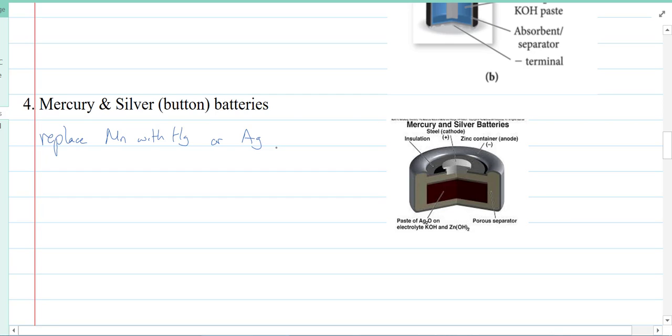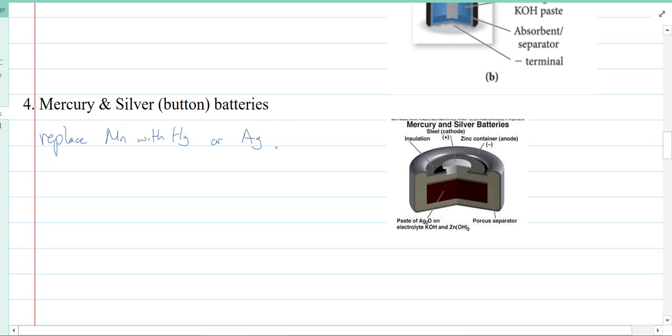Ag. Okay. And so for mercury, think of watch batteries, right? The mercury and the silver batteries.